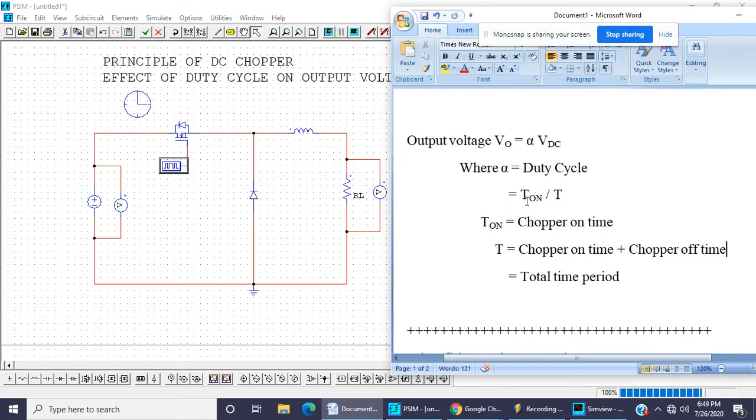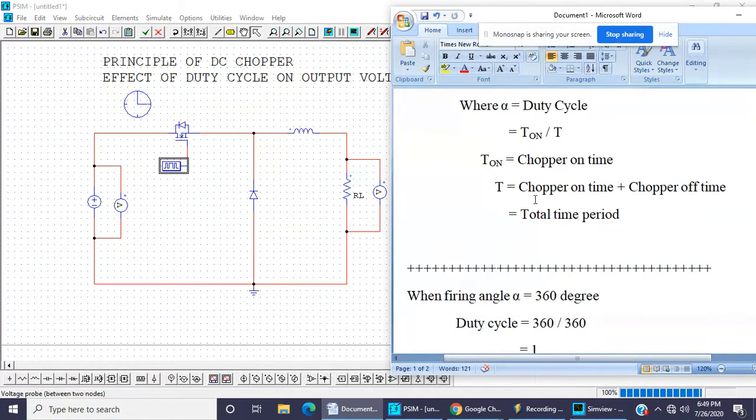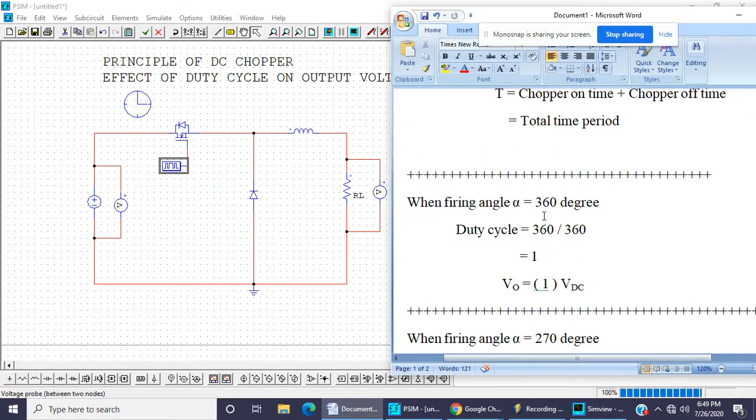Duty cycle is equal to T on, means switching on time of device, and T is total time, means chopper on time plus off time. So output voltage depends upon value of duty cycle. So duty cycle is changed by firing angle alpha.